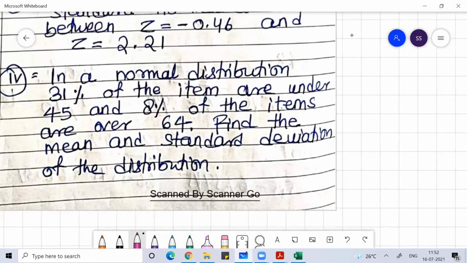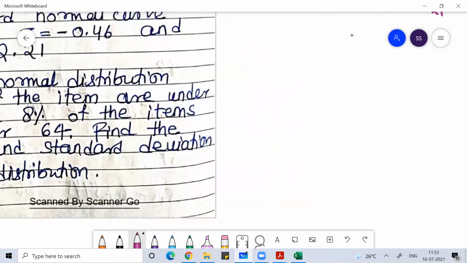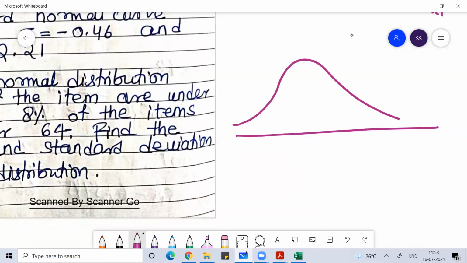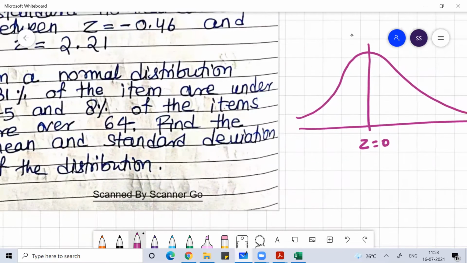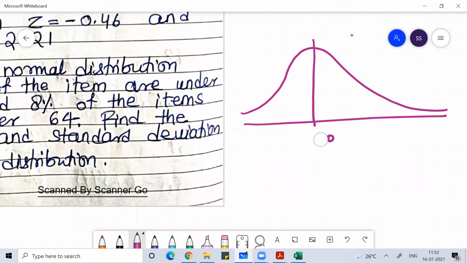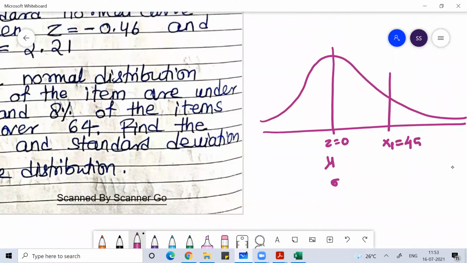Now, if you see this numerical in a standard normal distribution curve, 31% of items are under 45. So if you see in this diagram, where z is equal to 0, imagine z is equal to 0 here, and here you have some mean value and some sigma value, and then you have x1 which is equal to 45.